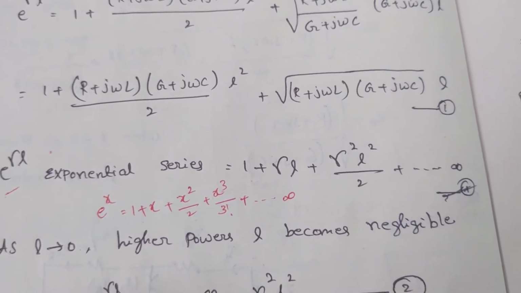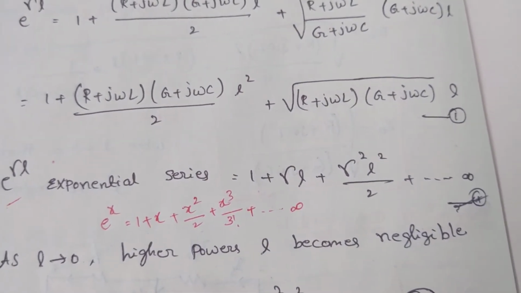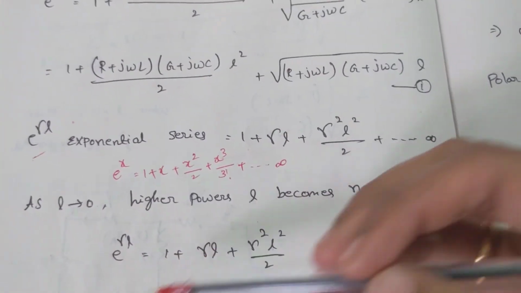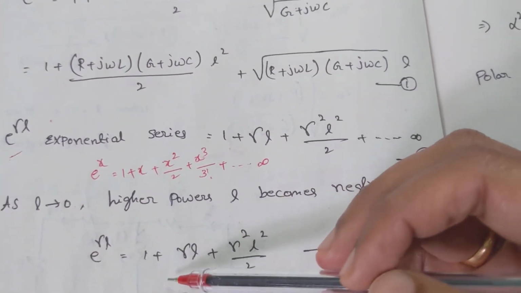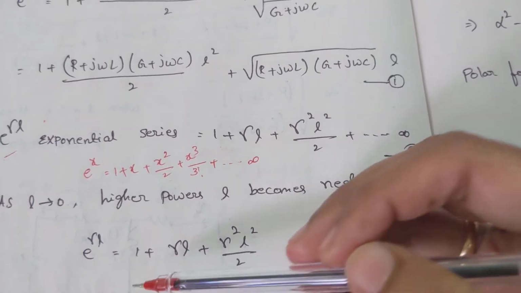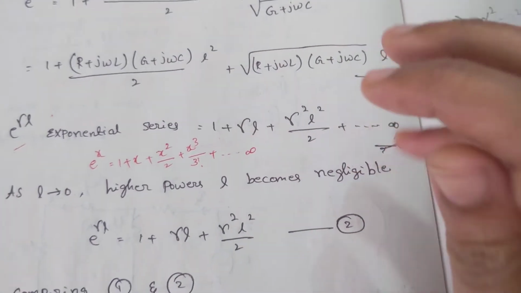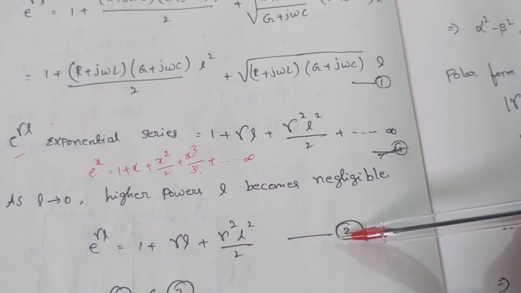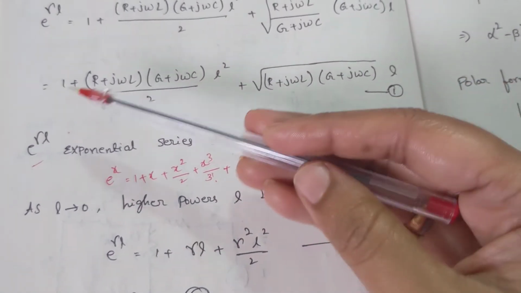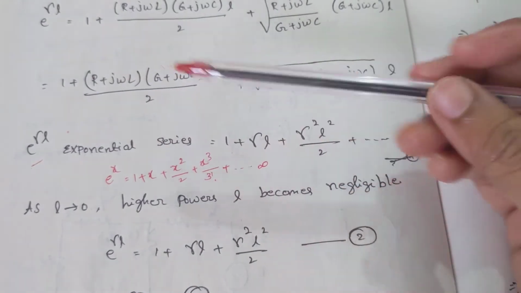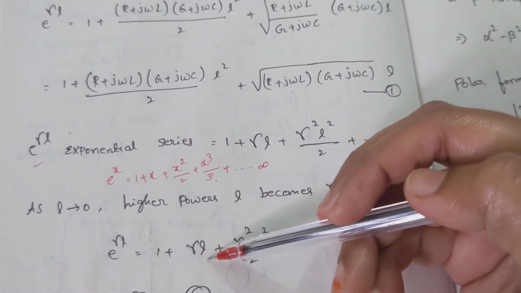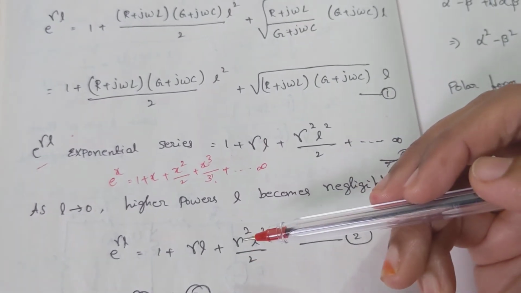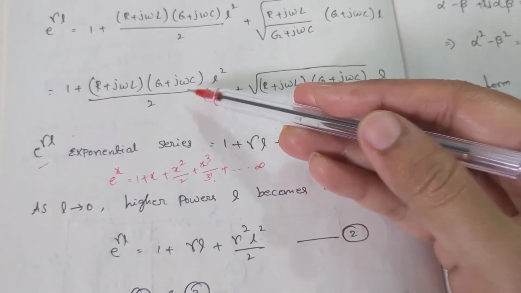Similarly, here also we eliminate the higher powers and compare the exponential series up to the power of 2. So compare equation number 1 and equation number 2. The first term is the same, 1 itself, then the term with the multiplier of L, and then the L square term has this value.